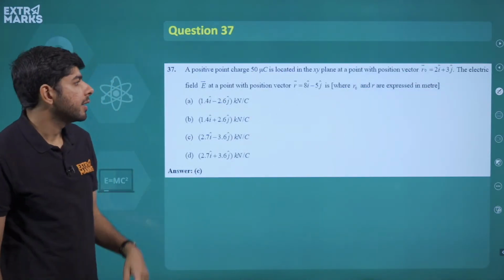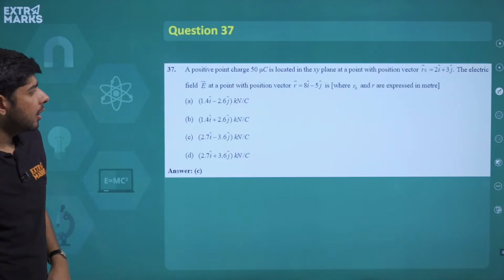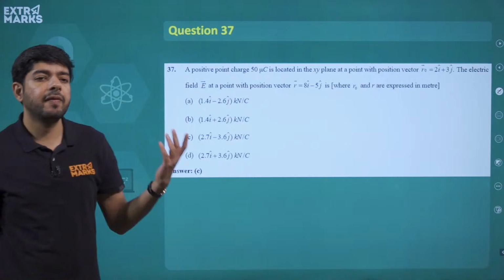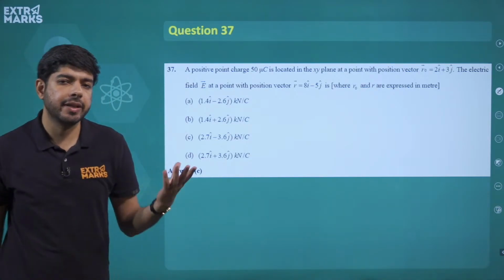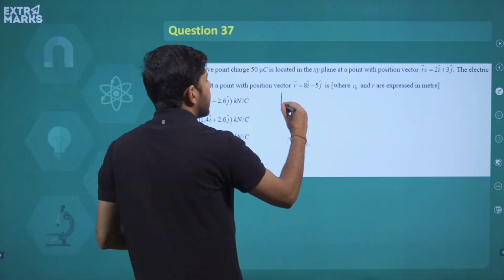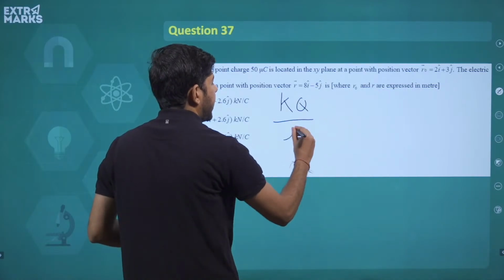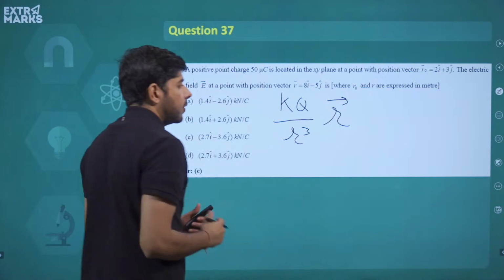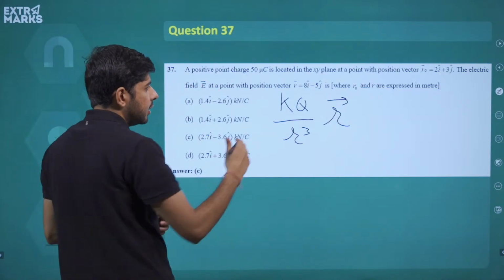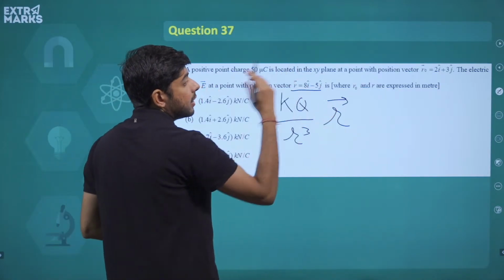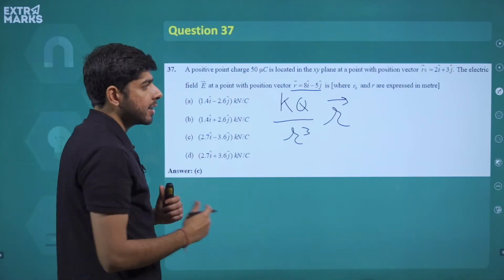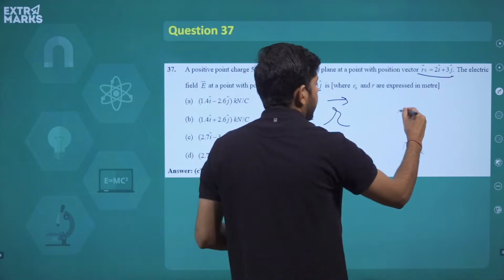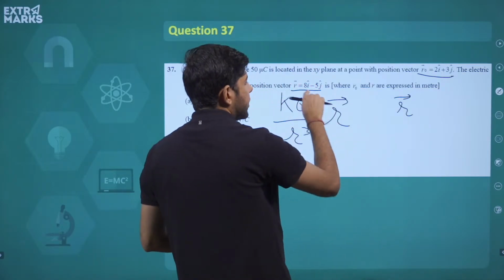Alright, let's continue. Here they are asking the electric field. So this is the vector formula basically they are asking. We need to apply this formula, KQ divided by R cube, R is the magnitude, into R vector. So what is R vector? This is the position vector, but the charge particle is not at the origin, the charge particle is here. So R vector is going to be this vector minus this.